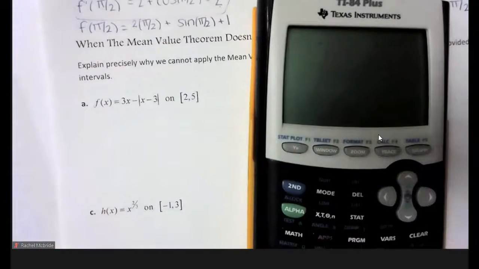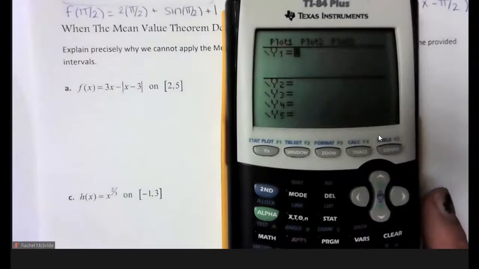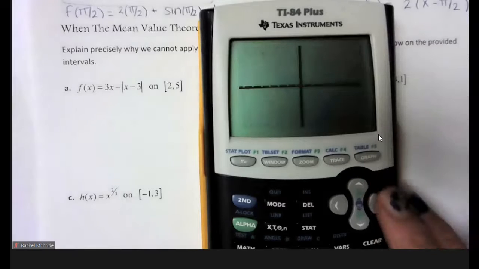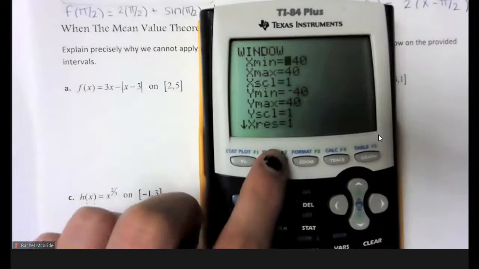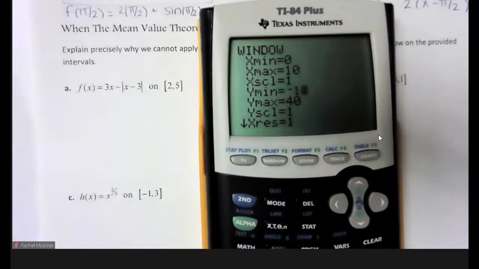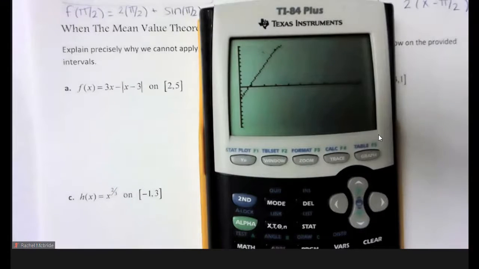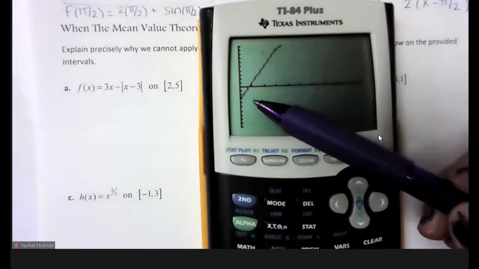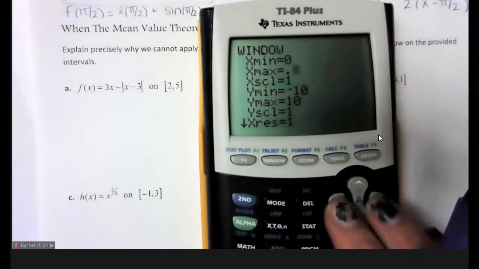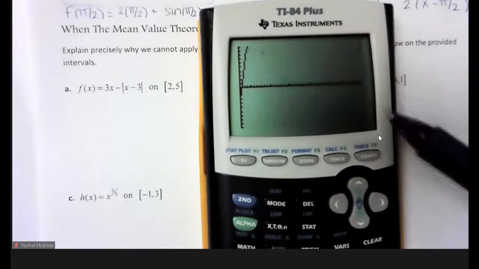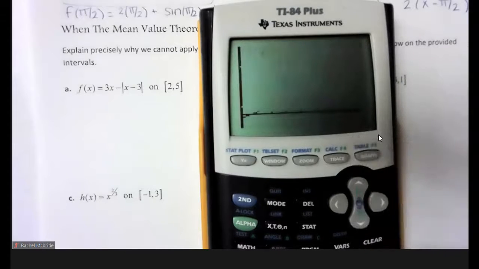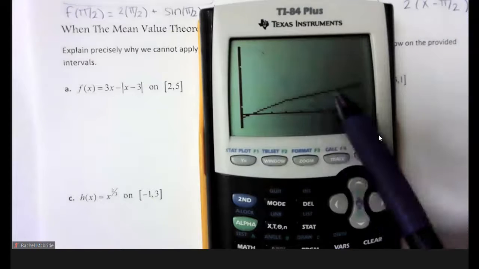Because you can have a graph. So if we graph this function, just so you can get an idea, if you graph this from 2 to 5, do you actually end up seeing that sharp corner in that interval?